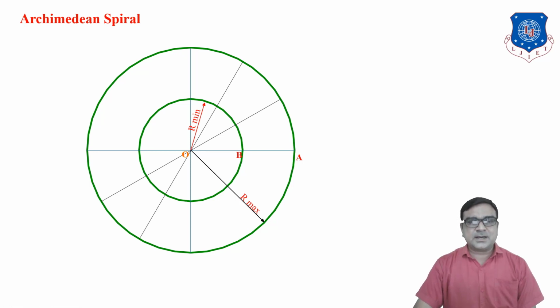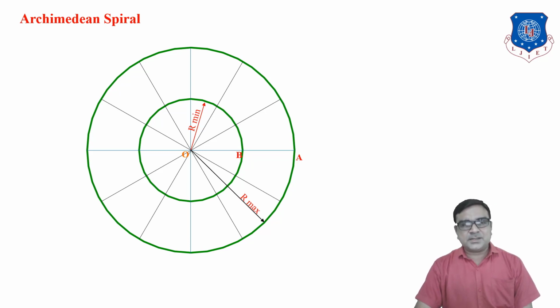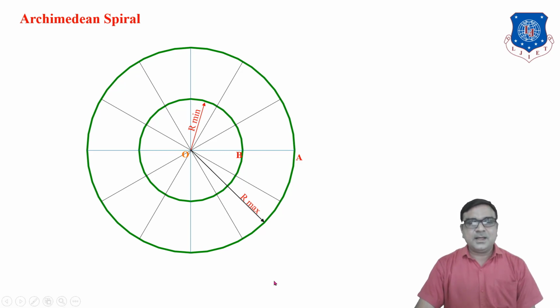Now divide the circle into any number of equal parts. Here I have taken 12 equal parts. Now the difference between the radius of this circle, one is 120, another is 60 mm. So the difference is AB, which is 60 mm.